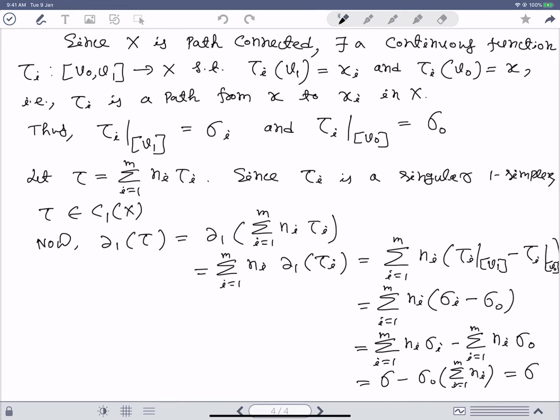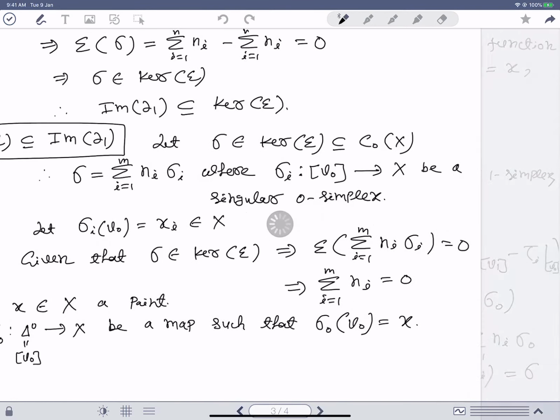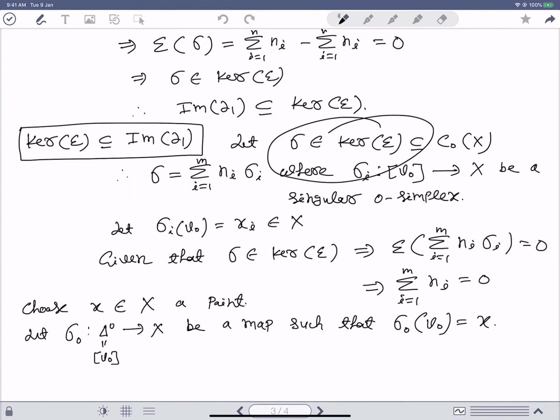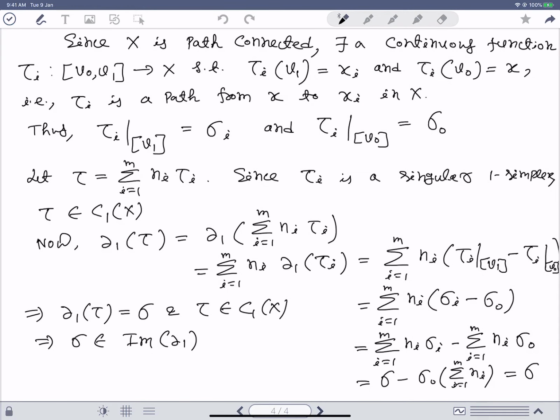Okay. So that implies we have del_1 of tau equal to sigma, and tau belongs to C_1(X). So that implies sigma belongs to the image of del_1. So we assumed that sigma is in the kernel of epsilon, and we proved that sigma is in the image of del_1.